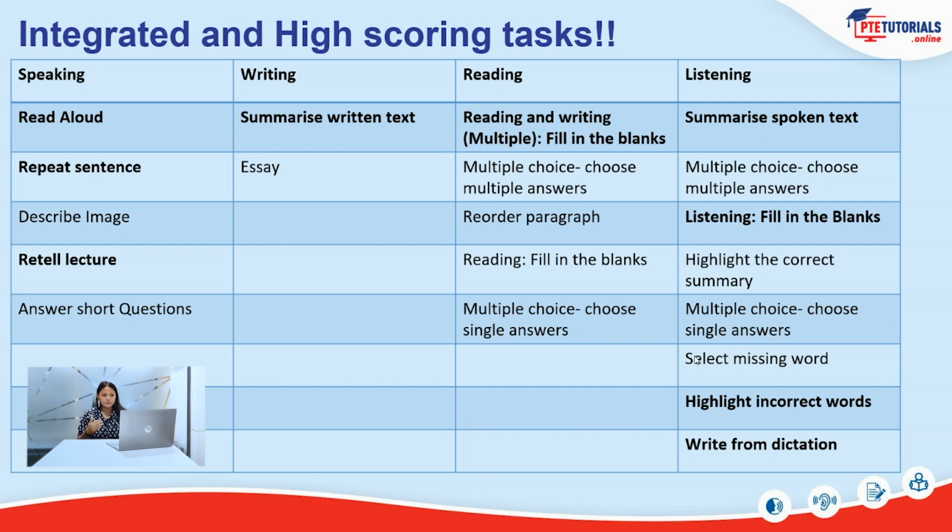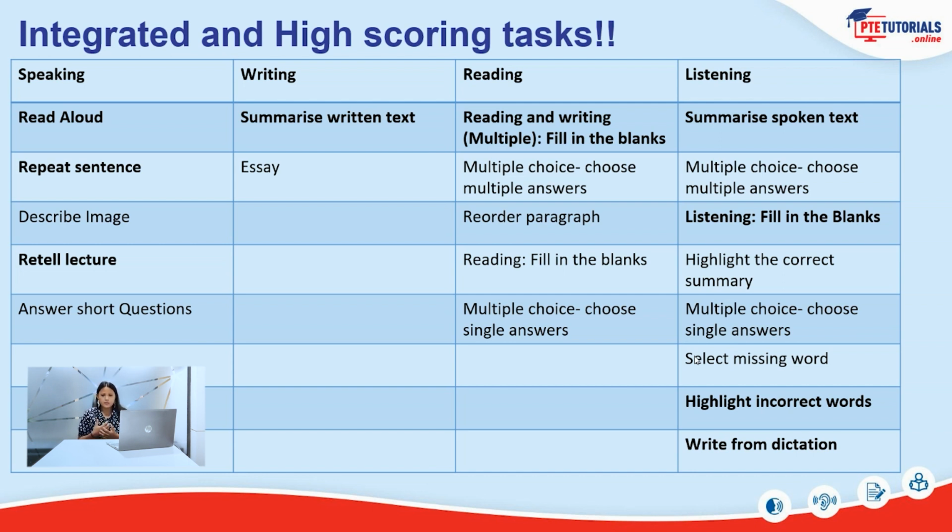In the same way, Repeat Sentence is one of the tasks giving a score towards the speaking as well as the listening module. Re-tell Lecture gives a score towards your speaking as well as listening module. So an integrated task gives a score towards 2 specific communicative skills. The combination can be speaking plus writing, or speaking plus listening, or writing plus reading, or writing plus listening, or even reading and listening.